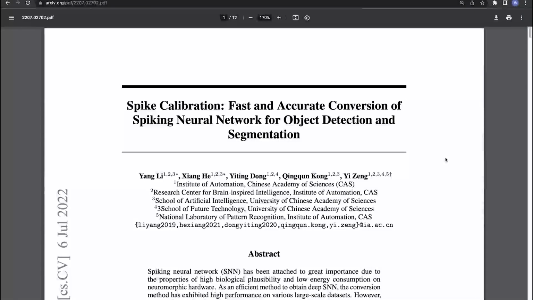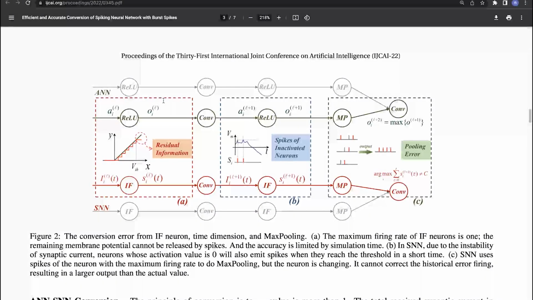Here I will give an overview of how to implement an accurate conversion method for object detection and segmentation with BrainCog. In the previous video, we mentioned that in classification tasks, residual information, that is clip error and quantization error, and pooling operations have a large impact on the performance of the converted spiking neural network.